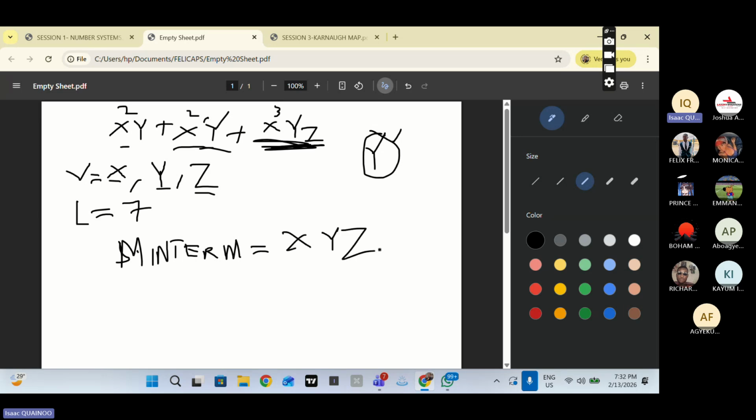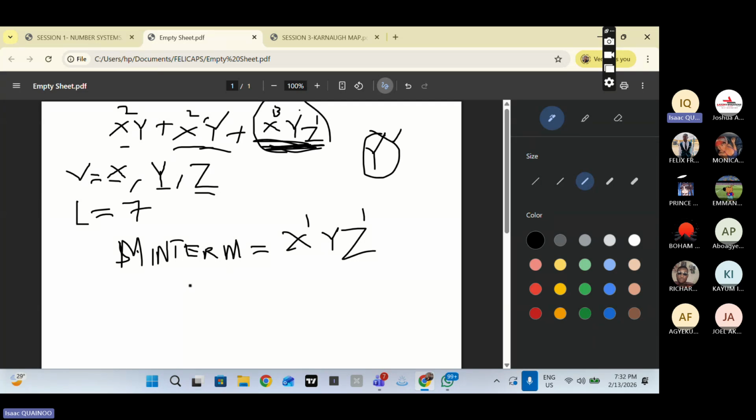So we say this particular term is a min term of our expression. We just look for the term that has all members present, whether complemented or not. Assuming this was x bar y z bar, we would still say it is a min term of our expression.